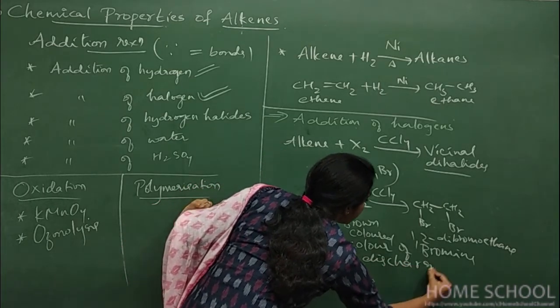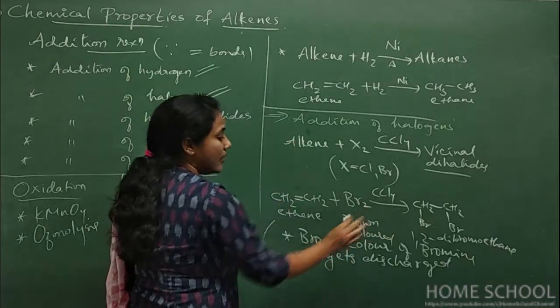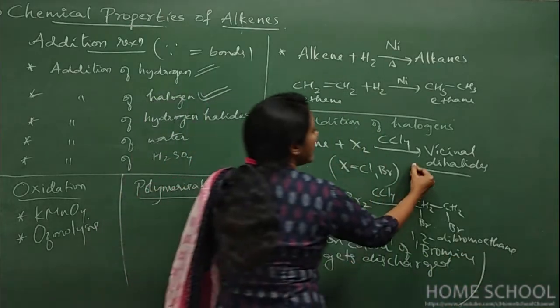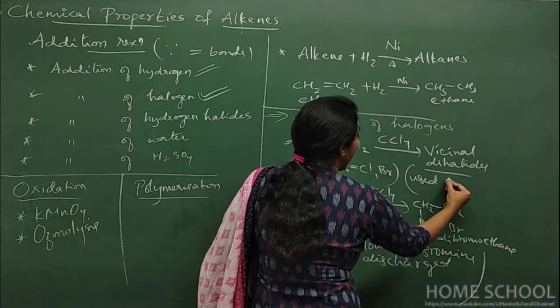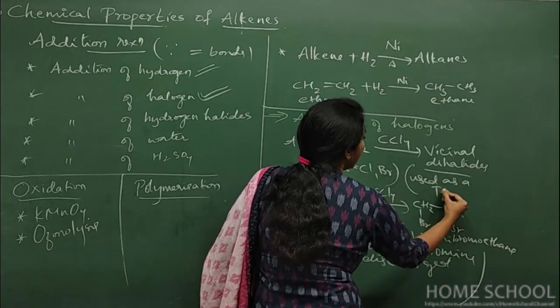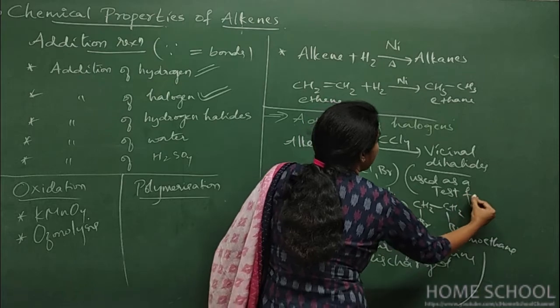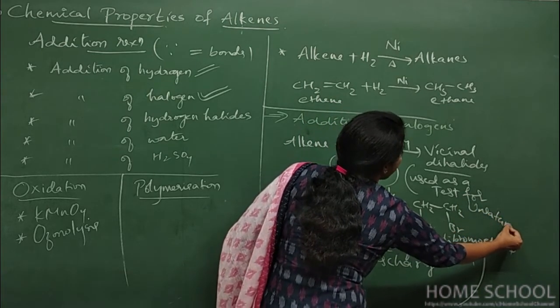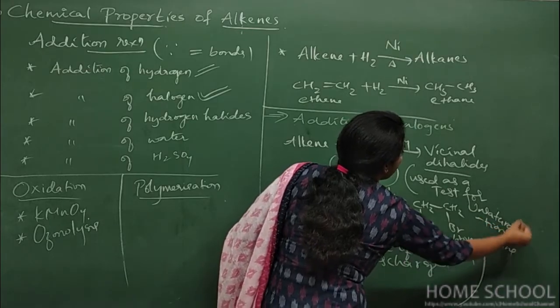That is the reason there is a difference in the color change, and that is the reason this reaction is used as a test for unsaturation. This point is very, very important to remember.